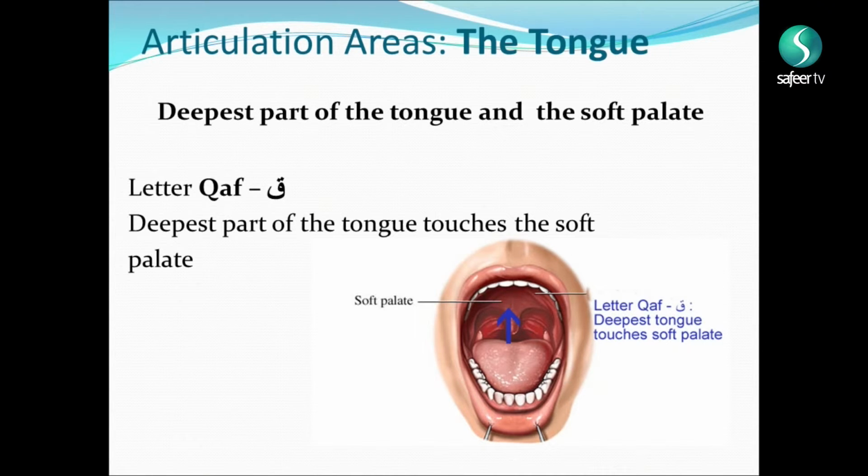Especially in Iran, because in Iran they pronounce qaf as a ghain. So instead of saying qutila, they say ghutila, like this. So that's the common mistake, and I highly recommend our dear viewers, and especially dear reciters, to focus on this point, which is that the deepest part of the tongue should touch the soft palate.